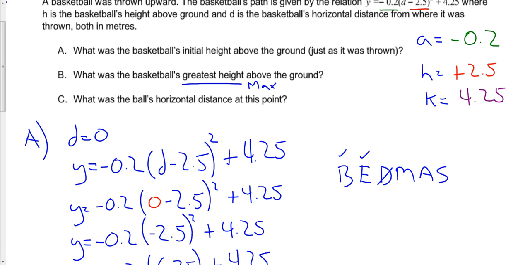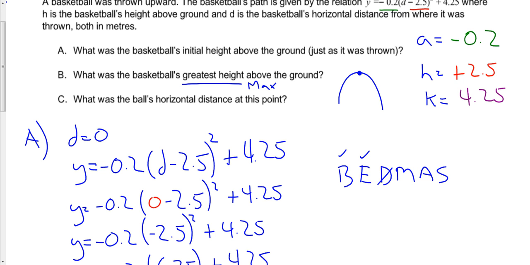the air. Now the maximum height is always going to occur at the vertex. We know from this equation, because our a value is negative 0.2, that the parabola for this equation is going to be a downward opening parabola. So we know that somewhere at the vertex is going to be our highest point.